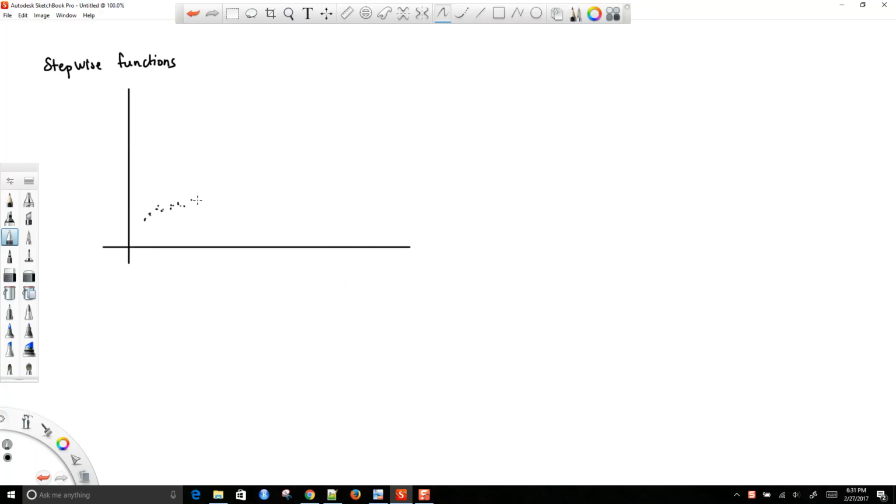You have your data, whatever it is, and you're just going to say that for x in a certain boundary, for x less than your first cut point, C1, you get y equal to beta 0 plus beta 1.